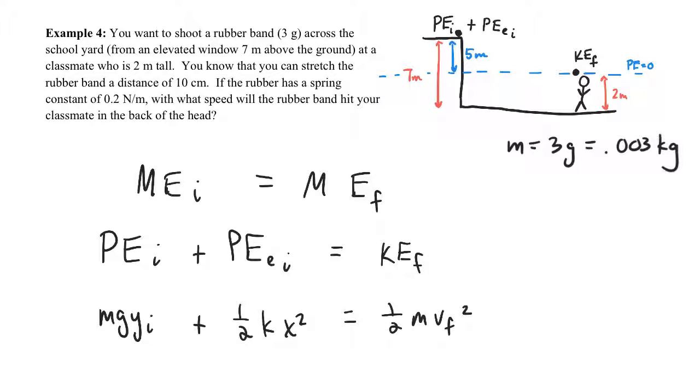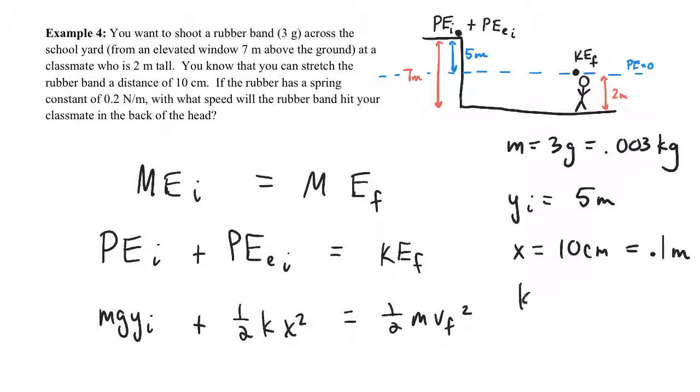Next, I know my initial height is not 7 meters. It's 5 meters because we're seeing how far above the person the slingshooter is. We know that the rubber band is stretched a distance of 10 centimeters. But I don't want centimeters. I always want meters. That's 0.1 meters.